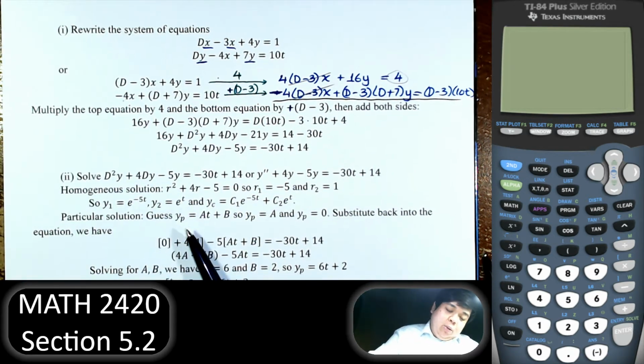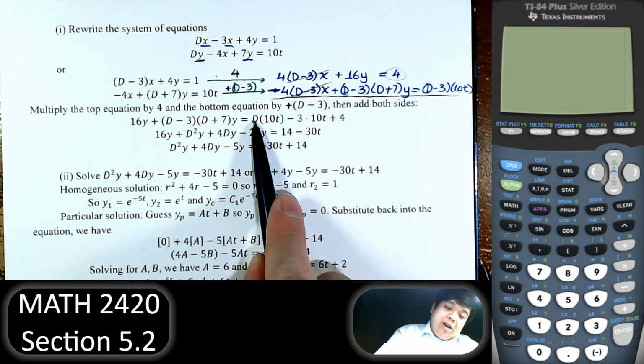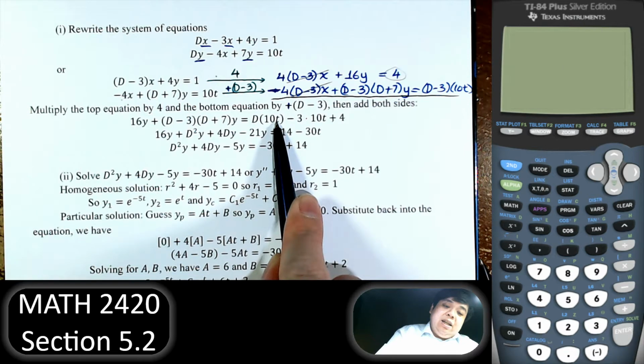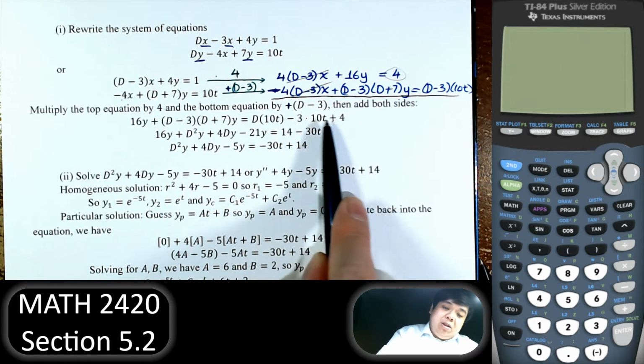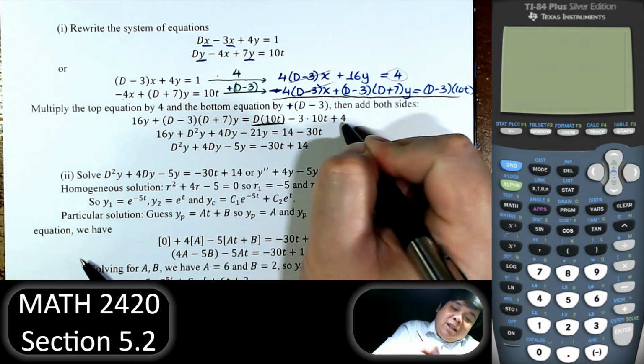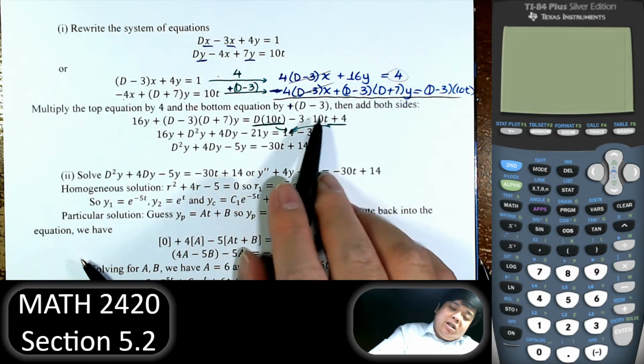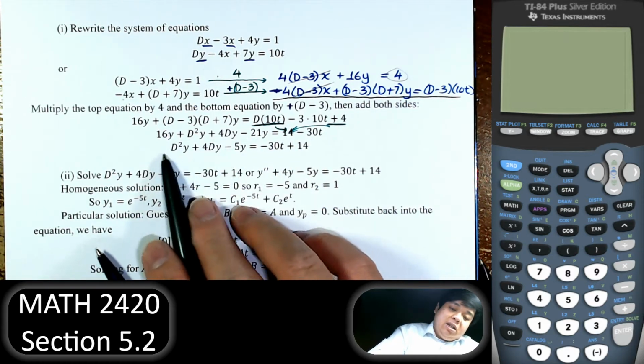Right. Now we multiply it out. The derivative of 10t is going to be 10, plus 4. That's where the 14 is coming from. So the derivative 10 and this 4 together give us 14 minus 30t. Combining like terms we have this.